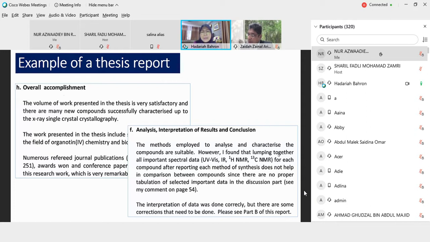However, I found that lumping together important spectral data for compounds does not help in comparison. There is no proper tabulation of selected important data. So you make your own suggestion how that thesis can be improved. But you have to be open. You do not stick to your own framework and say you do it like this or otherwise you fail.